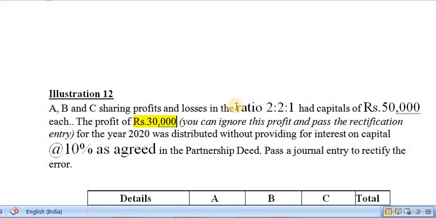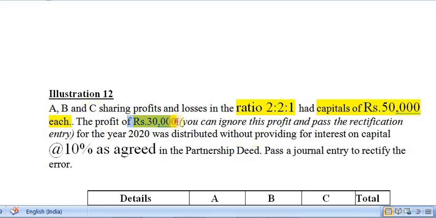Let us see. Profit share ratio is 2:2:1. Step 1. 50,000 is the capital for all of them. Capitals of 50,000 each. Profit was 30,000.